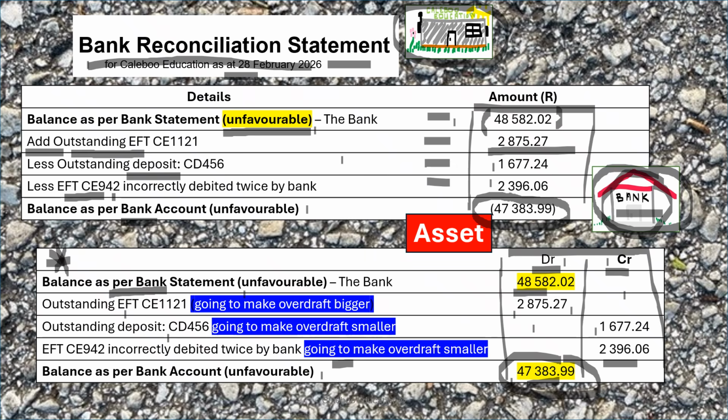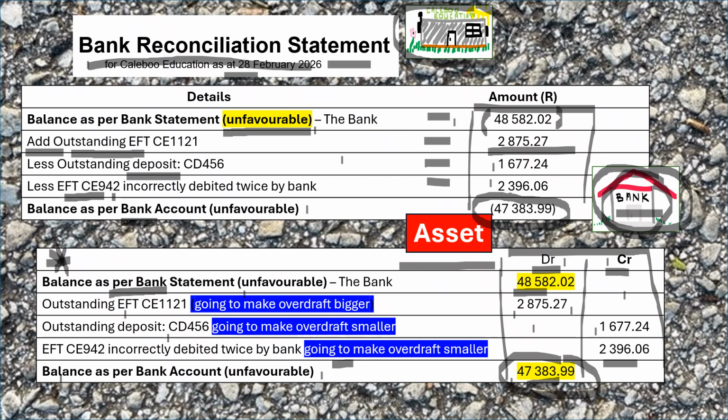And at the end of February, according to the bank, Calibre Education in their books is an asset, because Calibre Education is in overdraft. When we finish this exercise, you will see that we go from an overdraft, an unfavorable bank balance, into positive territory.